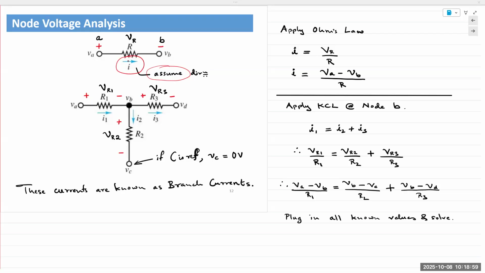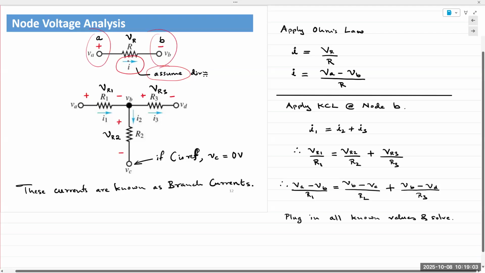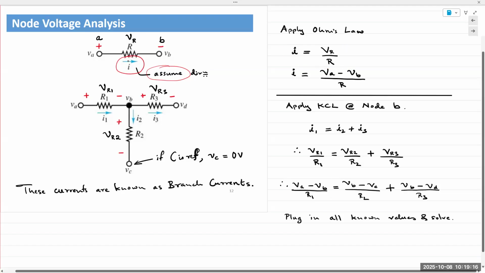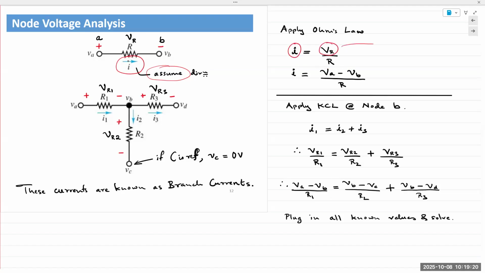Okay, so now let's label the nodes A and B. So we have A, we have B. If we apply Ohm's law, we can express the current I as the voltage VR divided by the resistor R. In this case, I and VR are unknowns.